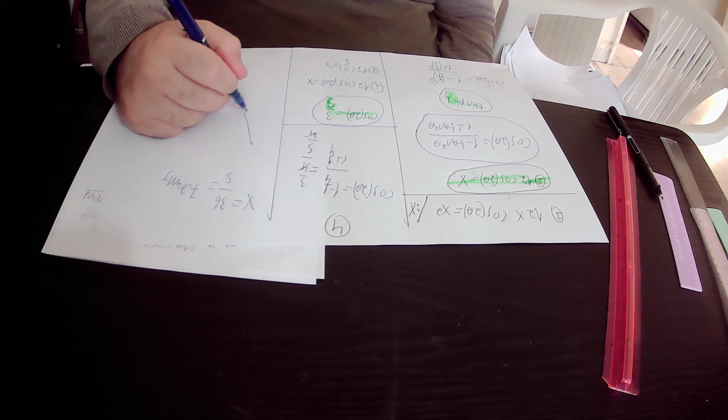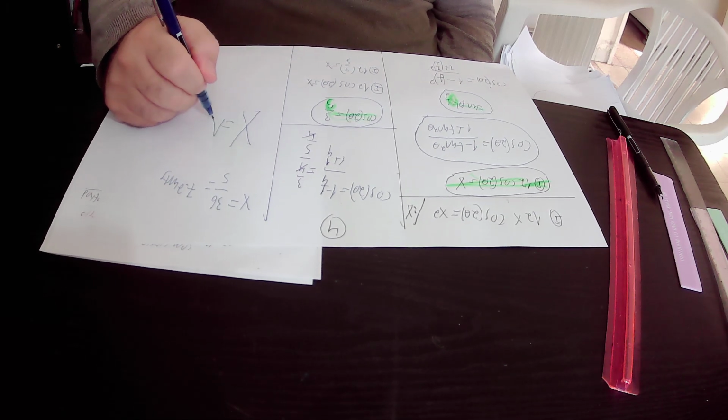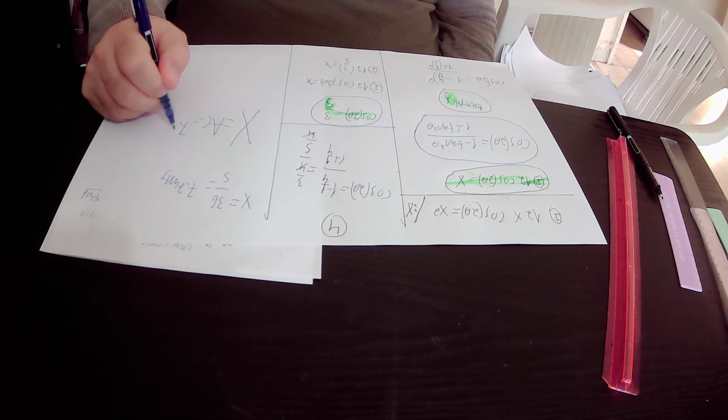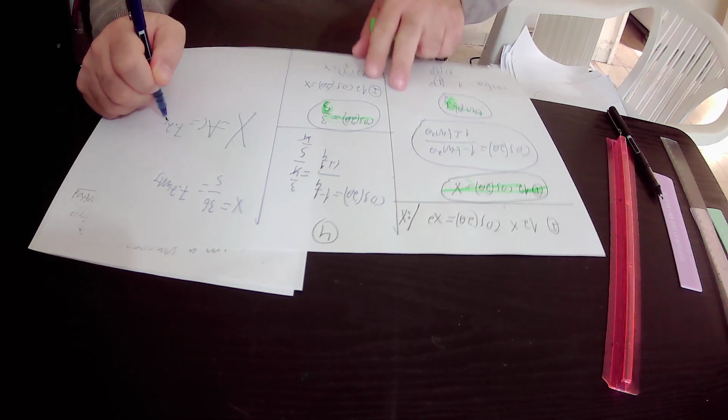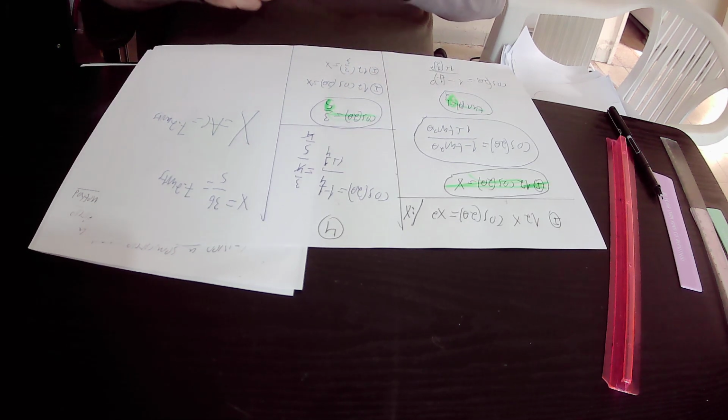So we found out that x, the line segment that we are looking for, that is also equal to AC, is equal to 7.2 units. Okay.